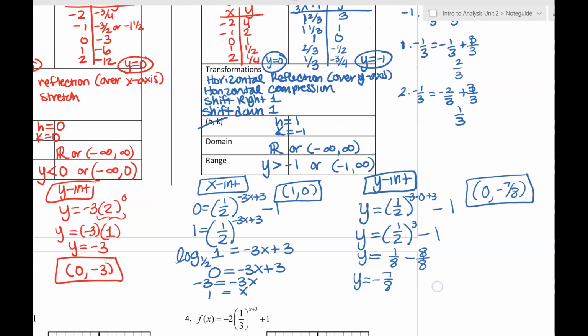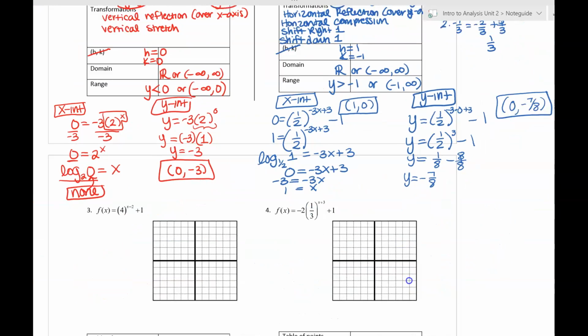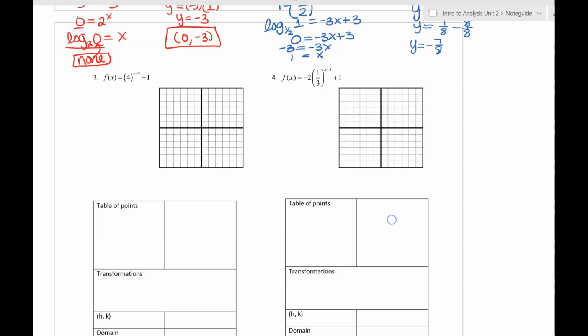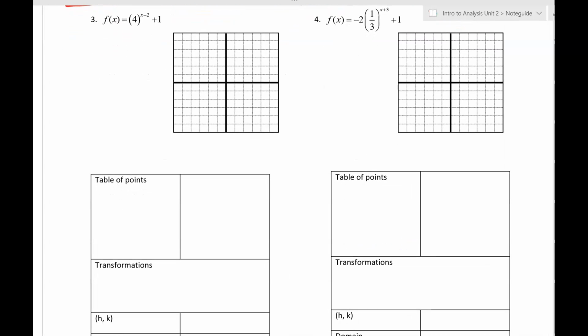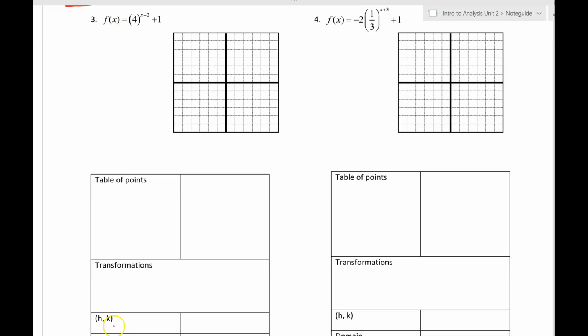That seems to work. All right, we're going to do 2 more examples with different bases so you can see how you have to make a parent function if it's not 2 or 1/2. So notice this first function, okay? 4 is the base. So I want my parent function based off of 4.